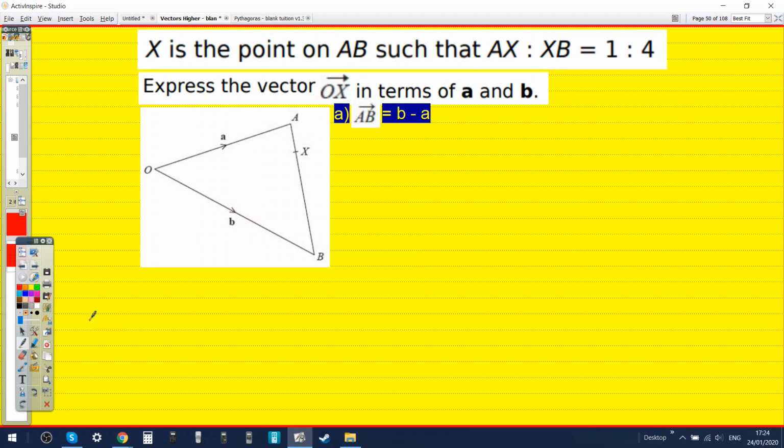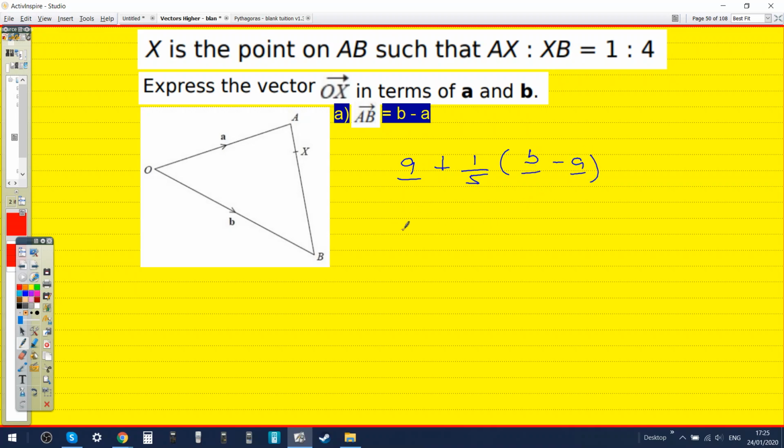Okay, how about this? X is the point on AB. Okay, so a plus 1/5 open bracket b minus a.